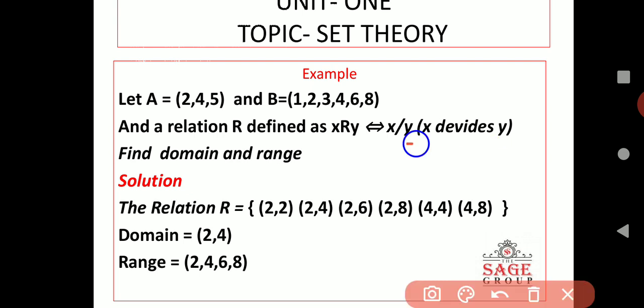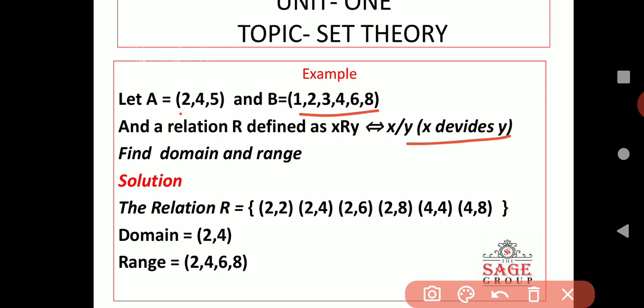So A is equal to {2, 4, 5} and B is the set which contains the elements 1, 2, 3, 4, 6, 8. Then what will the relation be? One element of set A is 2, which we have to relate with the elements of set B, and the relation is x divides y.